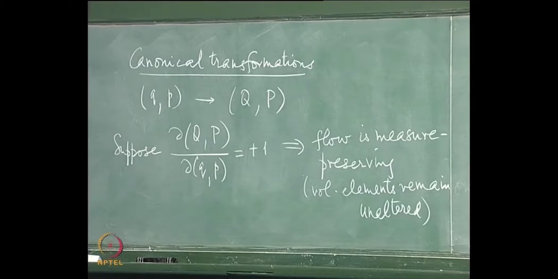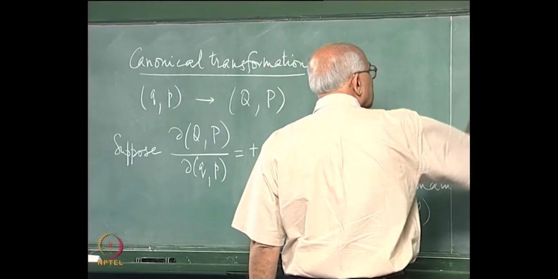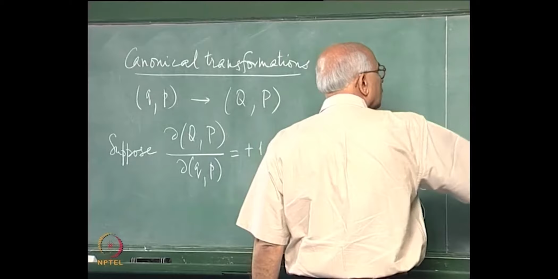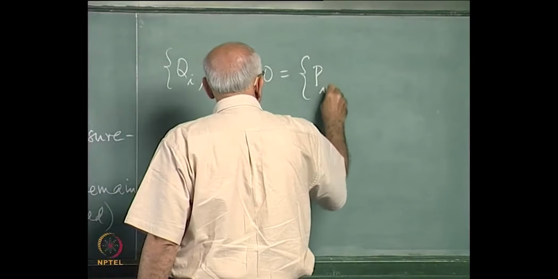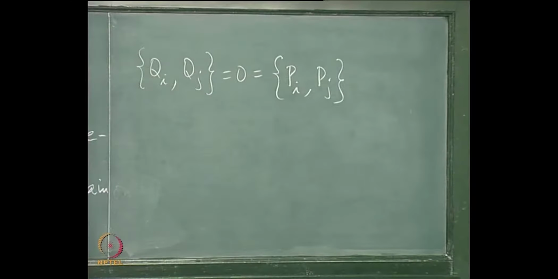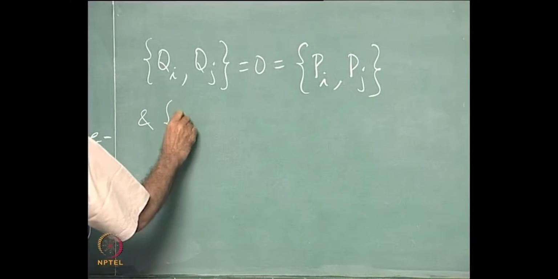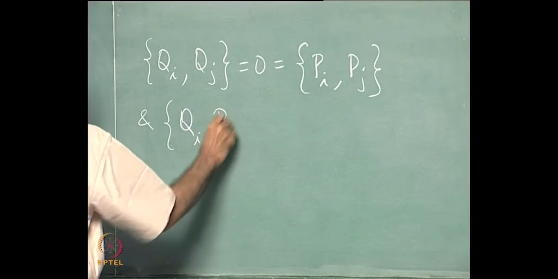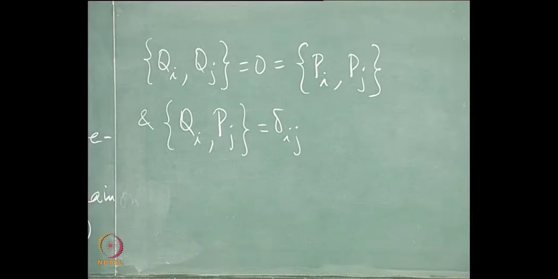And suppose further that the change of variables is such that the following special property happens: the Poisson bracket of Qi with Qj is 0, as is the Poisson bracket of Pi with Pj, and further Qi with Pj is also equal to delta ij.